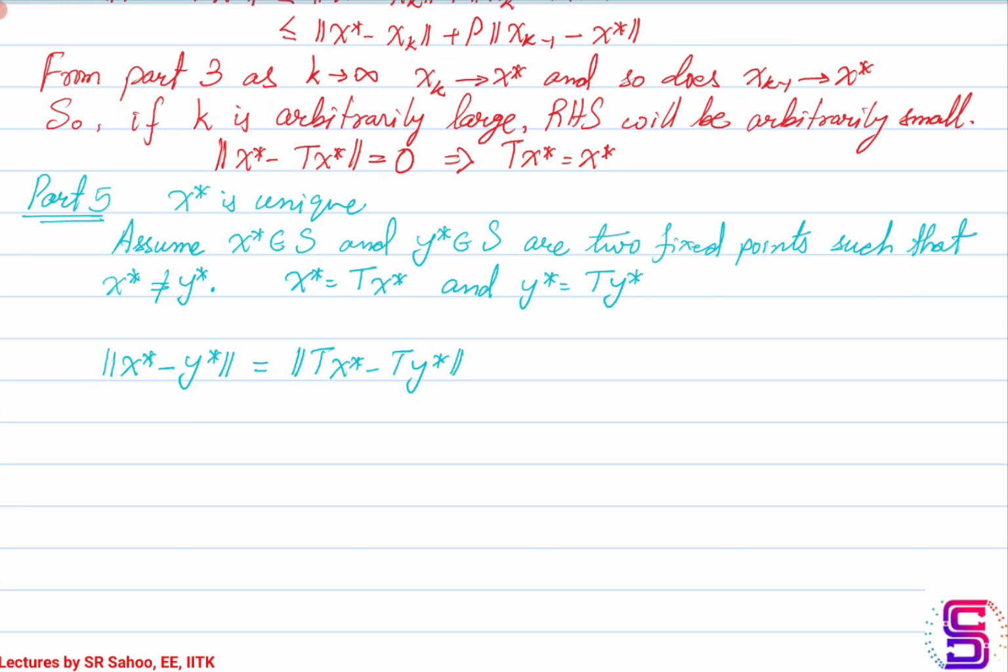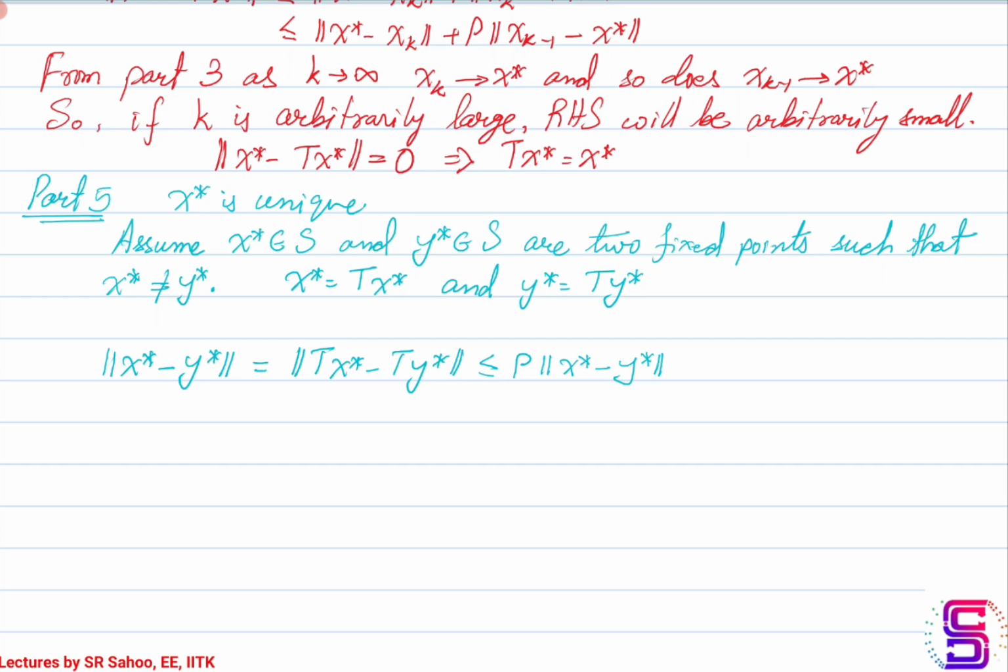Now because T is a contraction map, this will have to satisfy the inequality. Now since rho is less than 1, norm of x star minus y star should be less than the norm of x star minus y star itself.